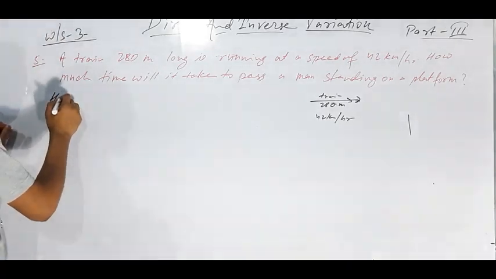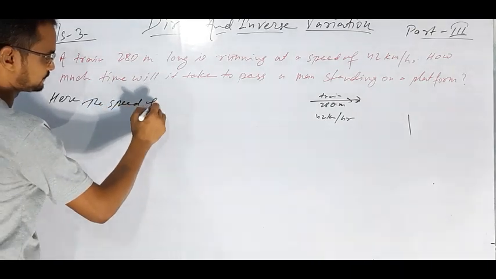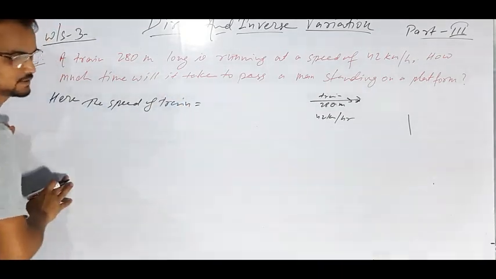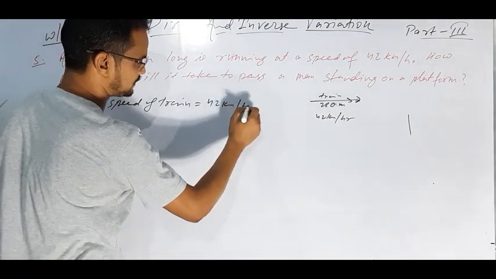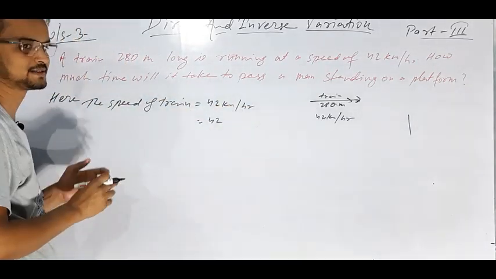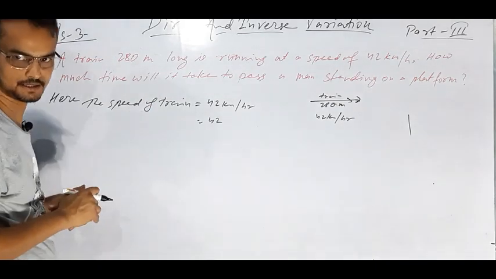So we will convert. Here the speed of train is equal to 42 kilometer per hour. We know that kilometer per hour is directly converted into meter per second by multiplying 5 by 18.